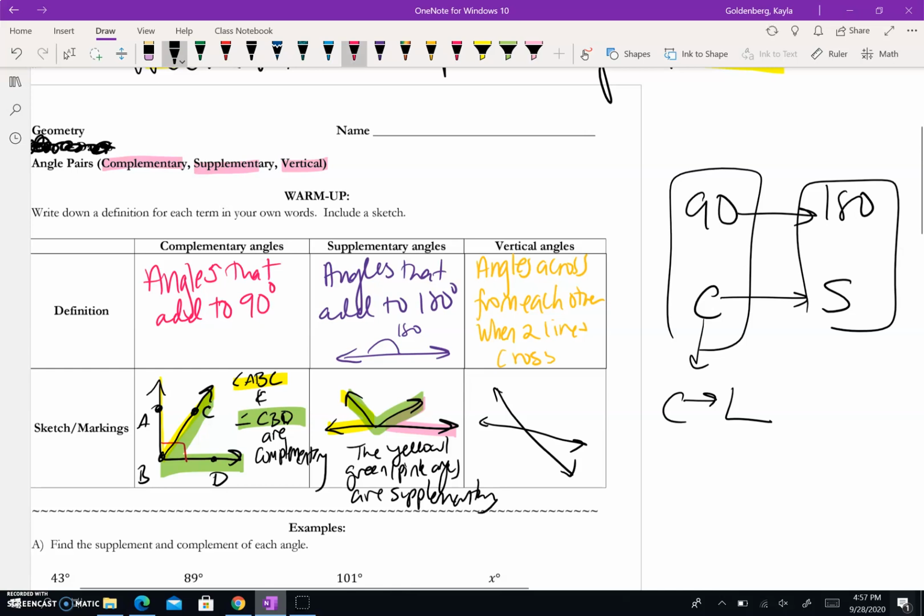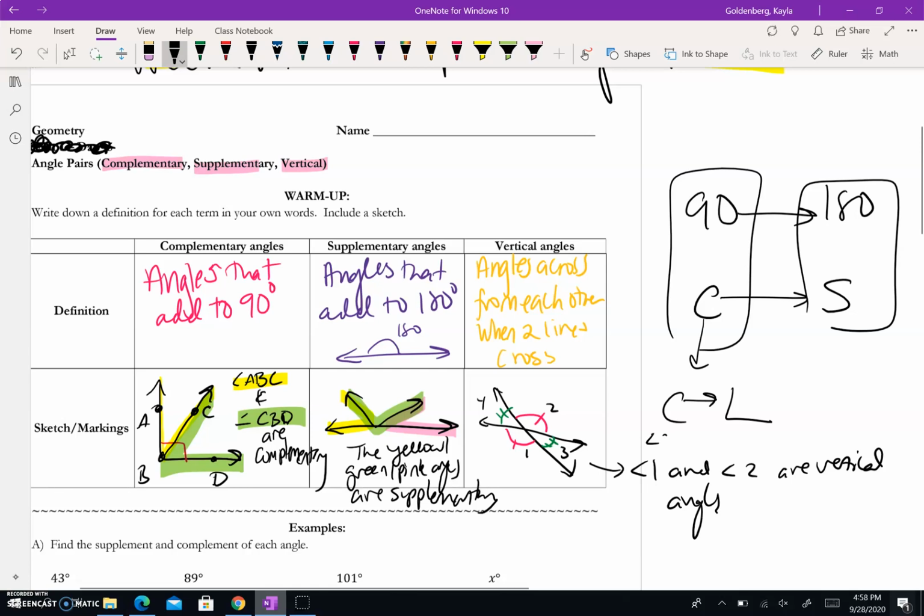And for the vertical angles, I'm going to show you 2 pairs. So here's one pair. And notice what I'm doing right there. There's something really special about vertical angles. Maybe I'll call these 1, 2, 3, 4. So we would say in words, angle 1 and angle 2 are vertical angles, as well as angle 3 and angle 4.